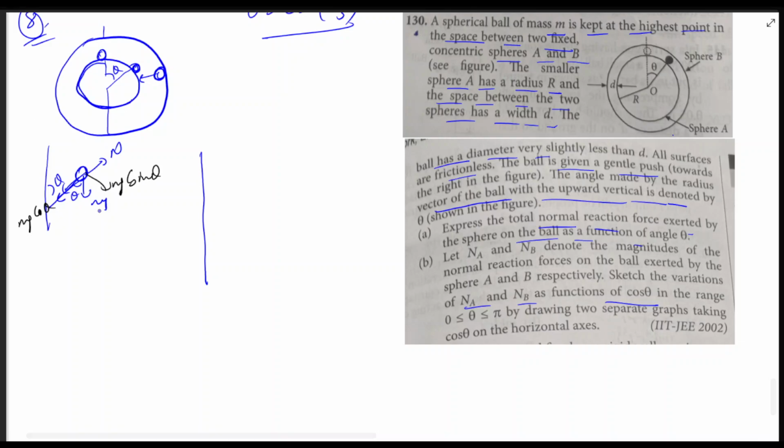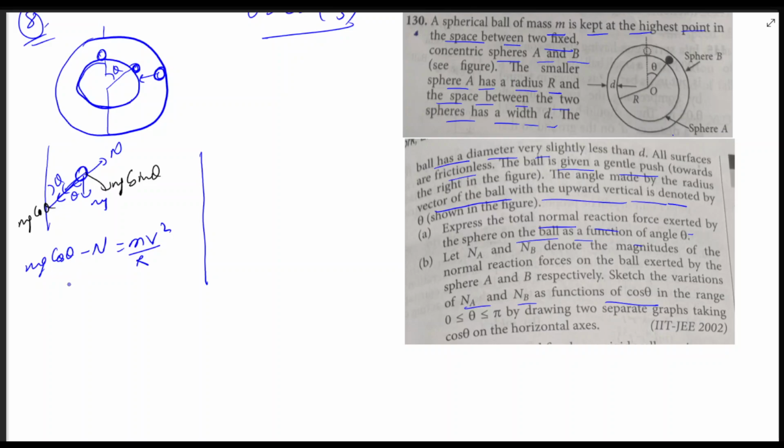So what we can write is, yes, mg cos theta minus normal will be equals to mv square by r, right? So look, d is very small, so I'm just taking r. In the second case, I will not take r plus d. Okay.